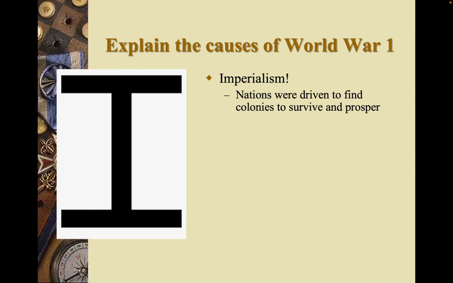Next, we have imperialism. And we know what imperialism is. It's basically when a strong nation seeks to dominate a weak nation politically, economically, and culturally. And so this led to new and larger empires around the world. What was driving this is that nations had to have colonies to survive economically, for markets, resources, investments, and foodstuffs, but also to prosper, to be considered a strong nation.